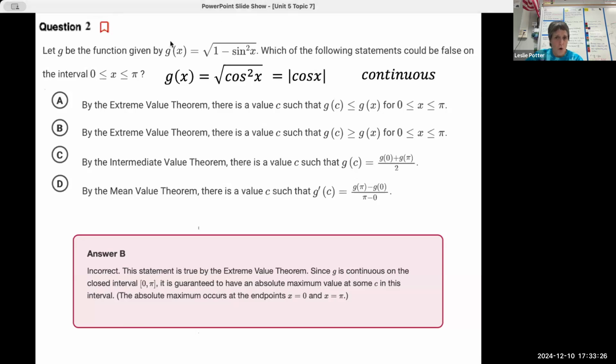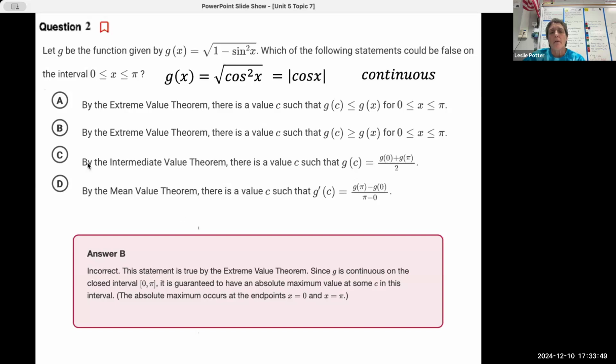We know that because we know something about this function. And the closed interval, and it has an absolute maximum. It actually occurs in 2 locations, but the absolute maximum is 1. It just occurs at each endpoint. So this is an incorrect response because it's a true statement, and we're looking for the false statement.